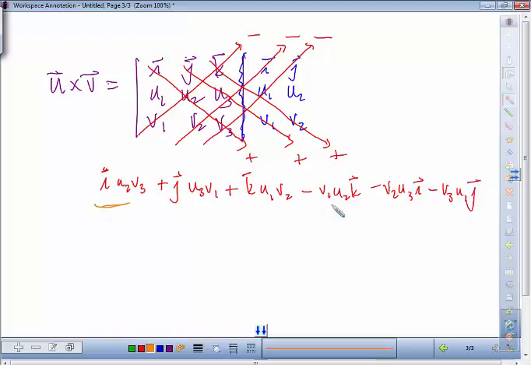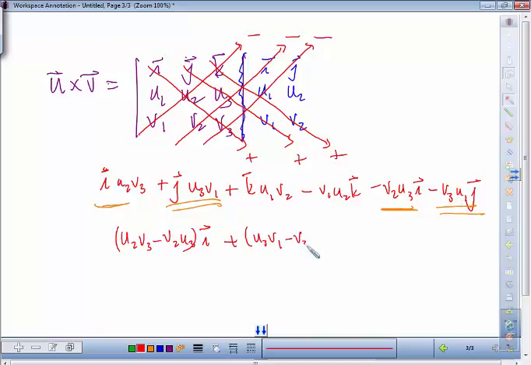And so if you collect all the I's together, factor out the I, we have U2 V3 minus V2 U3. And then you collect the J's, with a plus U3 V1 minus V3 U1.